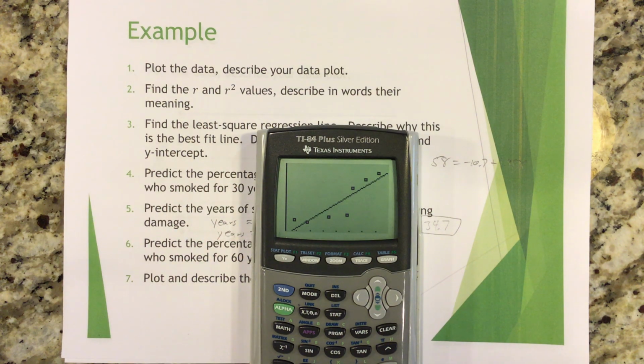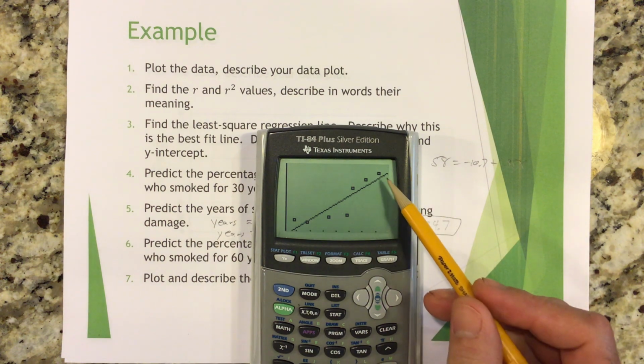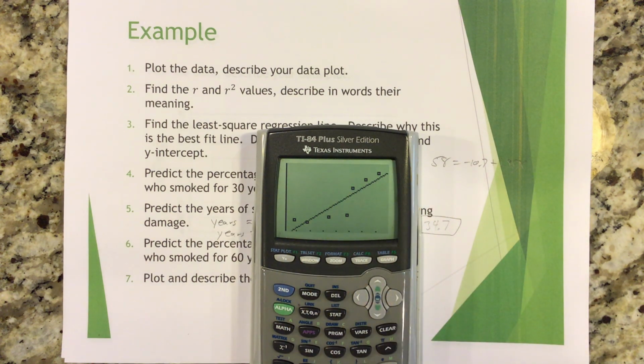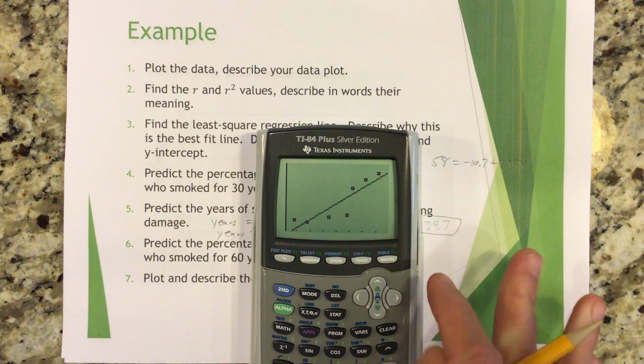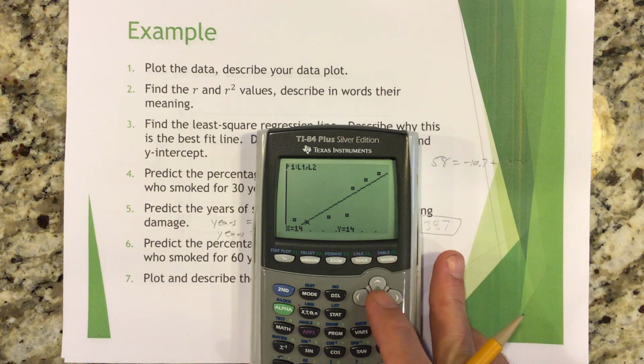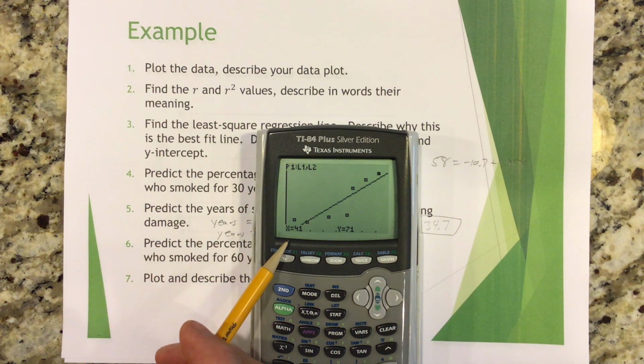Okay, so going back to my graph, again, I have this window, and it's a nice window. But once I go to 60 years, right, I'm outside the window. The largest X value I have in my data set is 41 years of smoking. Now, does that mean it's impossible to smoke more than 41 years? I would say not, right? Plenty of people, you know, they've got the great Aunt Edna that, hey, I smoked my whole life since I was a kid and I'm still around, right?